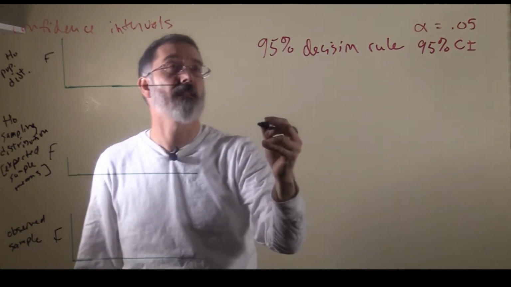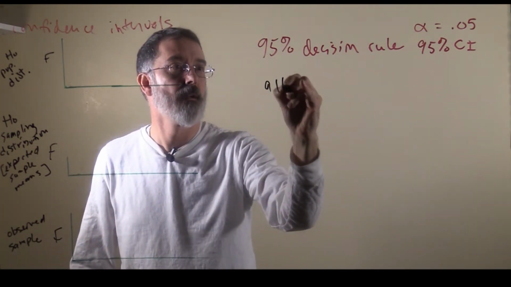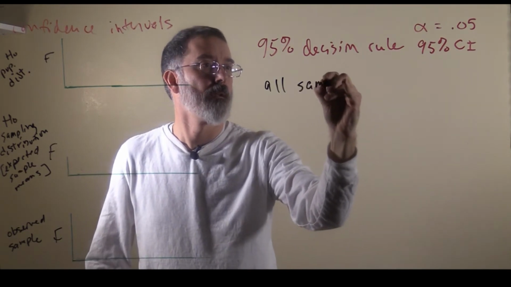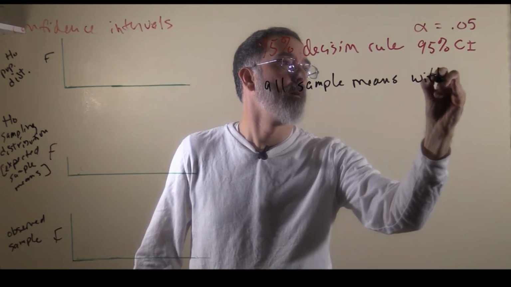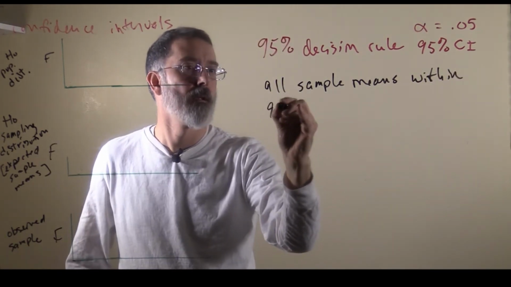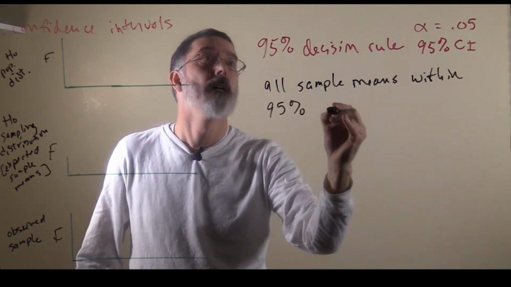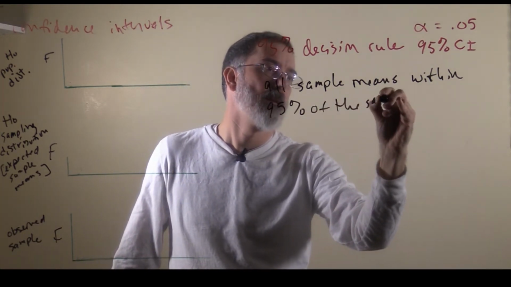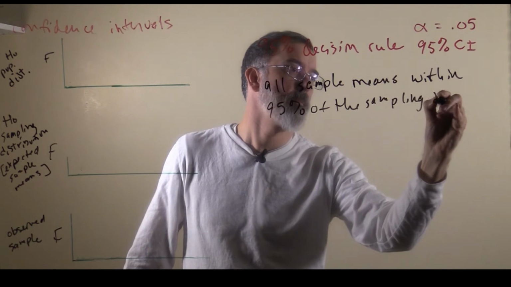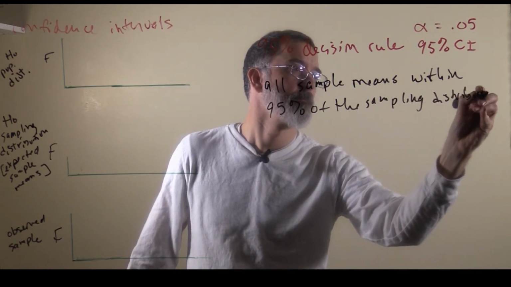So that's how they're the same, is this what I'm calling a 95% decision rule. And what I mean by this 95% decision rule is that all sample means within 95% of the sampling distribution, right?